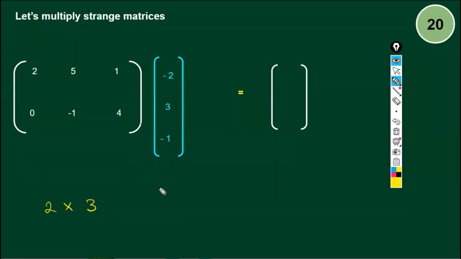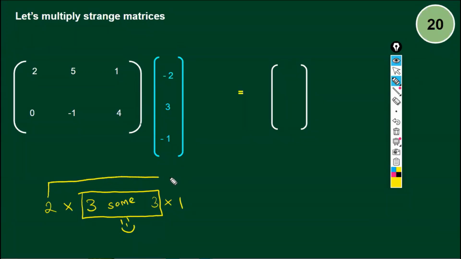And the second one is a 3 by 1. 3 rows and 1 column. You notice the two inner numbers are the same. So yes, it is possible to multiply it. But the two outer numbers are 2 and 1. So our answer would be a 2 by 1 matrix.